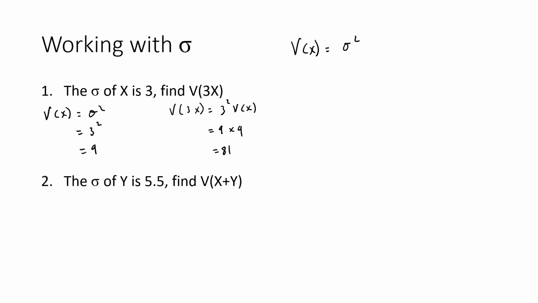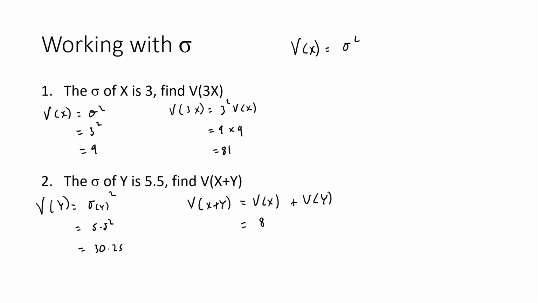So first we have to find V of y, which is equal to sigma of y squared, which is equal to 5.5 squared, which gives us 30.25.